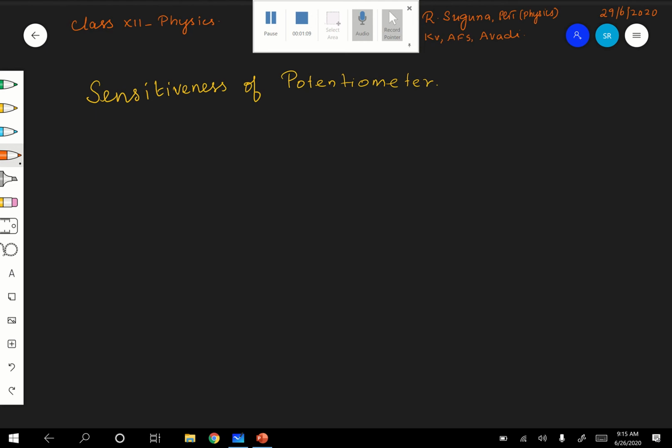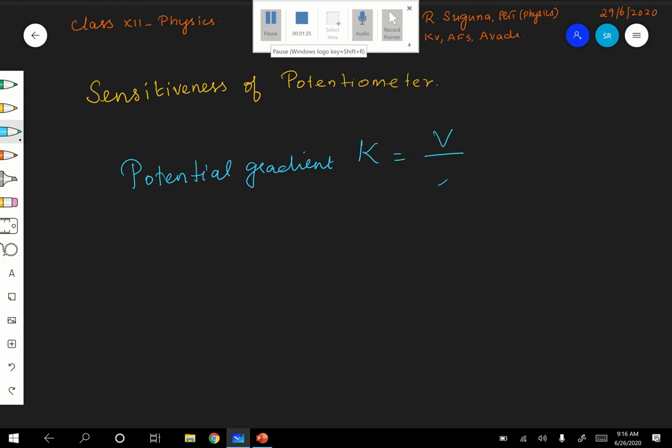See, you know that sensitiveness can be increased by decreasing the potential gradient. How? See, potential gradient K is nothing but the potential drop per unit length.